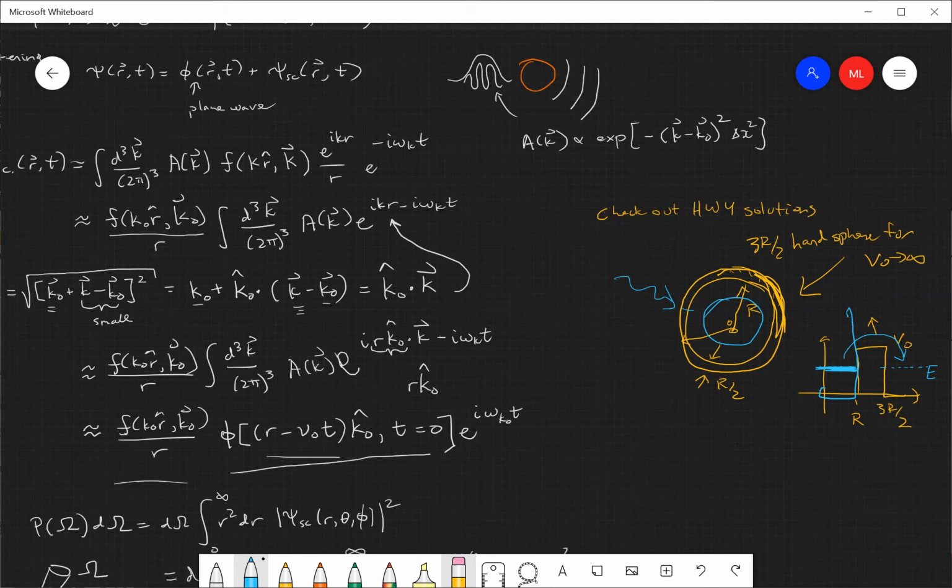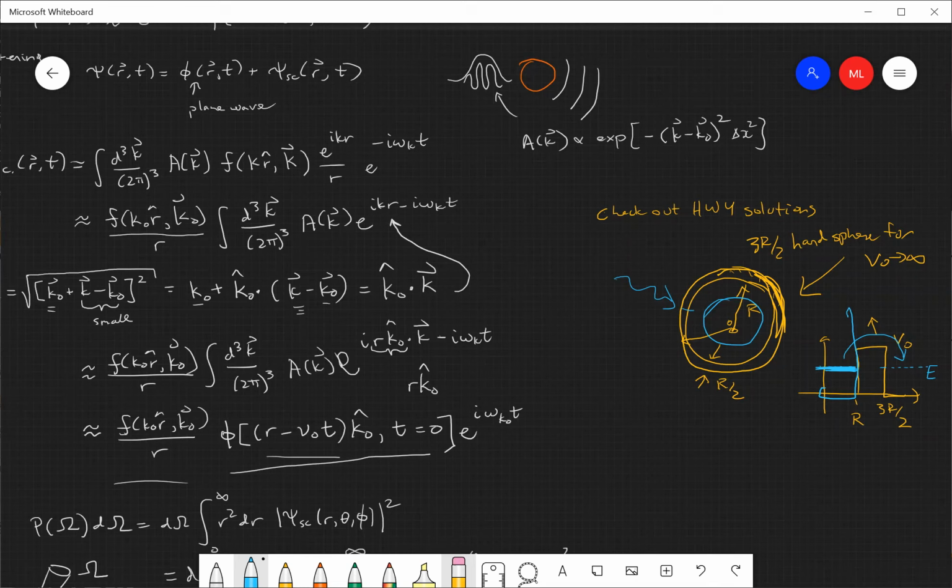And in terms of scattering, that leads to a resonance where your scattering cross section basically blows up because the particle gets trapped. So that's a kind of interesting phenomenon.